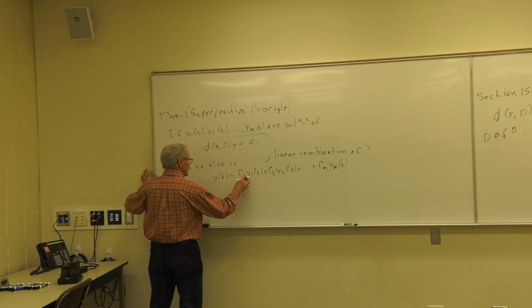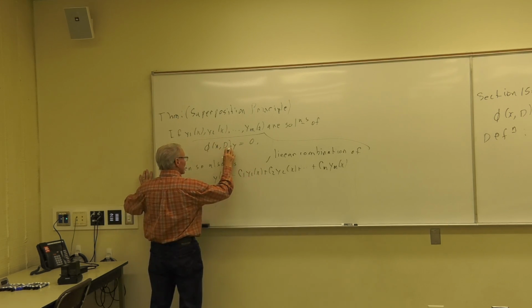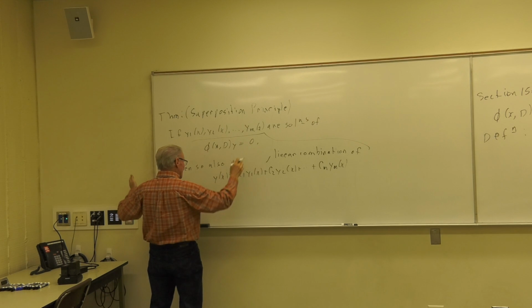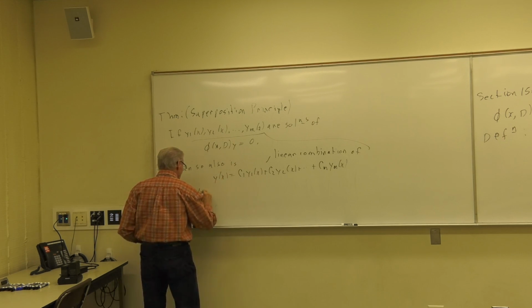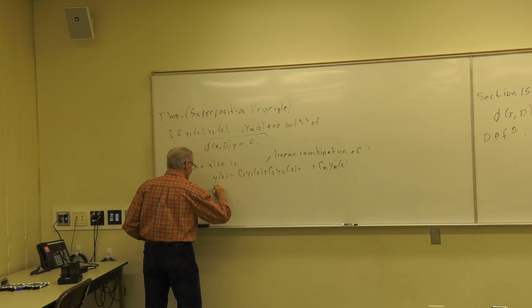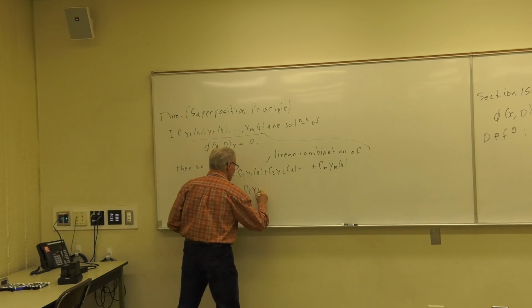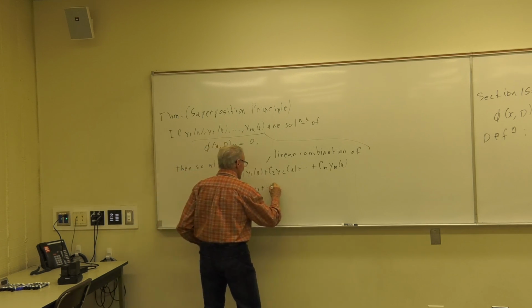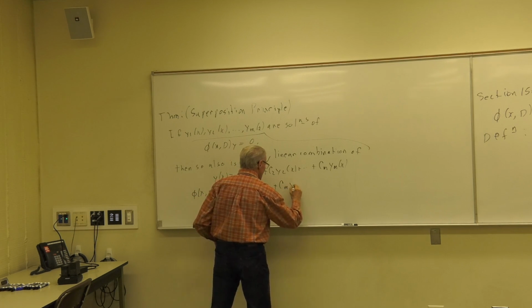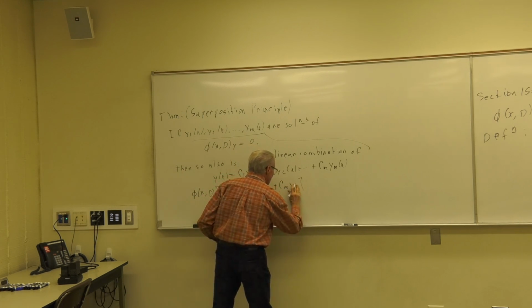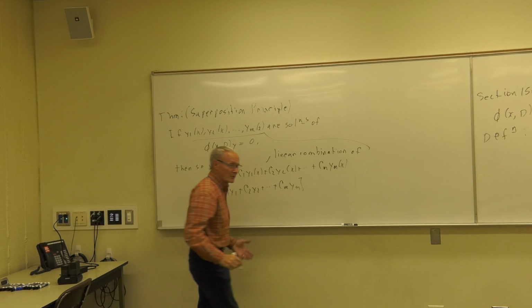If you wanted to prove that this satisfies this differential equation, you'd plug it in. You operate phi of x and D on c1 y1 plus c2 y2, and let me drop the of x's. And you say, I need to prove that this is equal to 0.